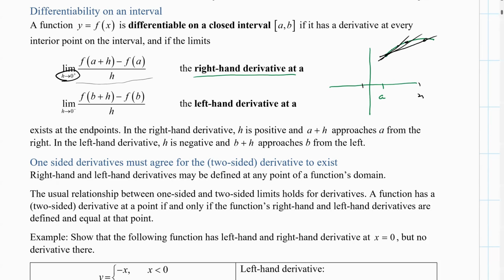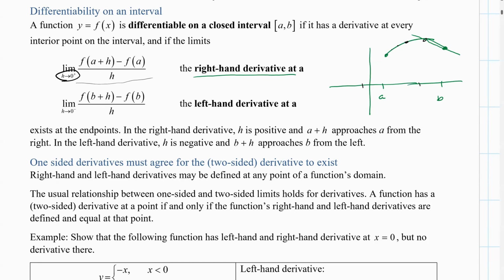Okay, I might put over here a point B, and this is where the function again stops. I might say something like, all right, what if I want to find a left-hand derivative? What do I find the derivative of that point? Well, in this case, here's a point. Now, what's the relationship between B and h here?